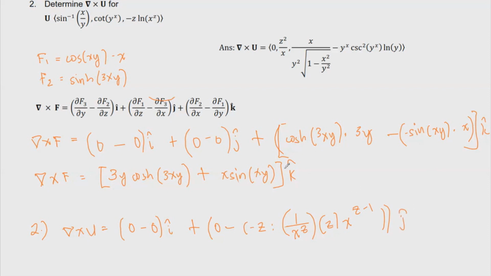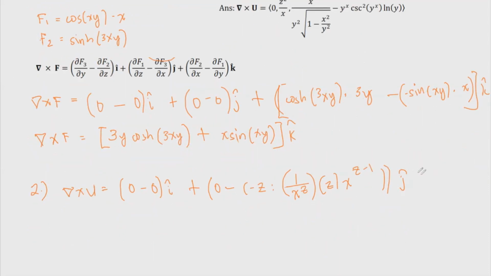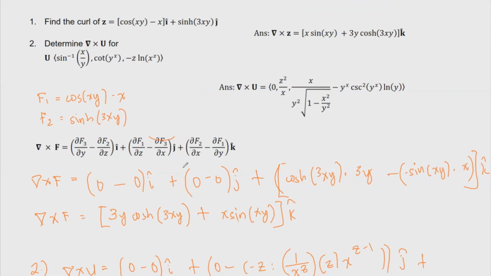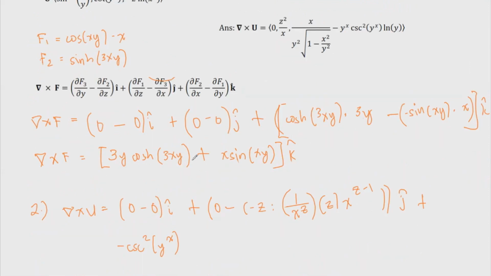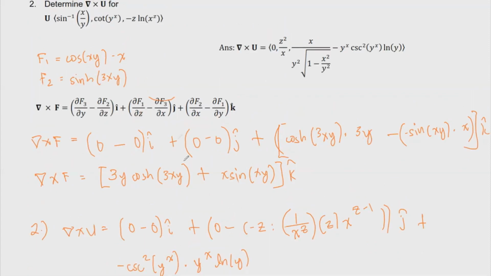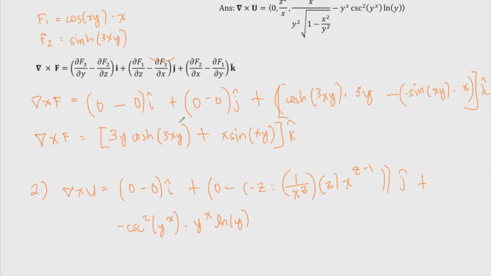And then finally, for our k, what we have is the partial of f2 with respect to x, and that's cotangent. So plus the derivative of cotangent, which is negative cosecant squared of y to the x, and then the derivative of y to the x, differentiating with respect to x, is y to the x ln of y, okay? And then we proceed with subtracting f1 with respect to y.